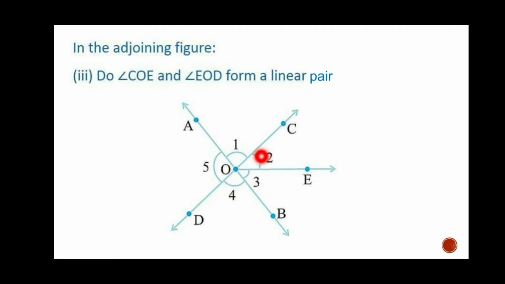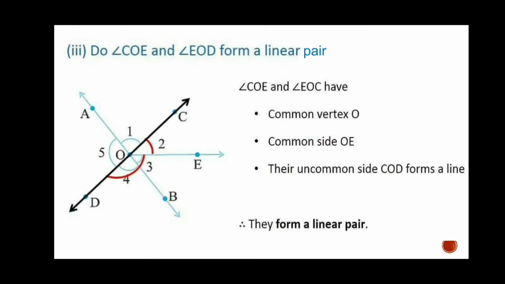From the figure you can see the red highlighted line. Angle 2 is representing angle COE and angle EOD is representing this red highlighted line, which includes 3 and 4 both. If we see this complete angle, it makes 180 degrees.